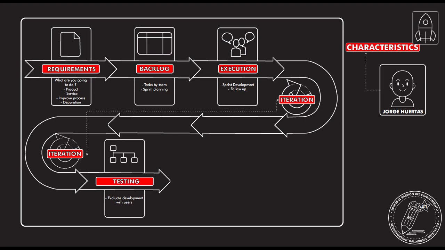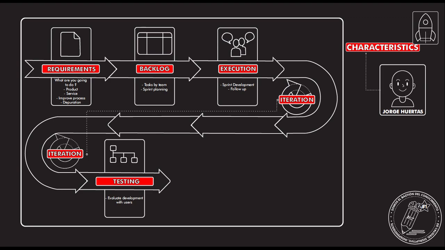Very important. After you have made the execution of the development, you start testing. Testing is very important because it will evaluate the development with users. That part is from Kanban, because you can't just say, okay, I did user-centered design. That is not enough.